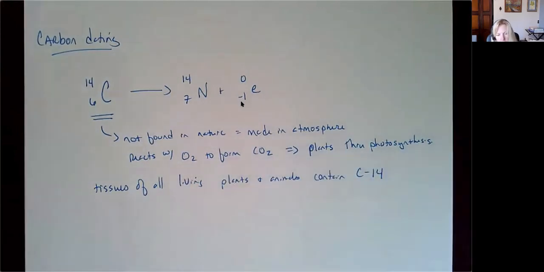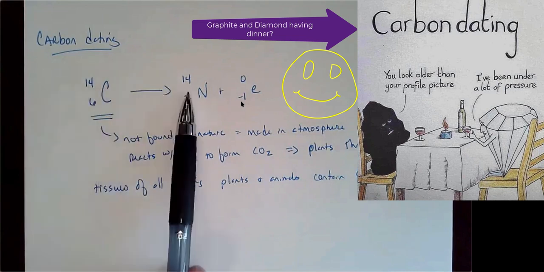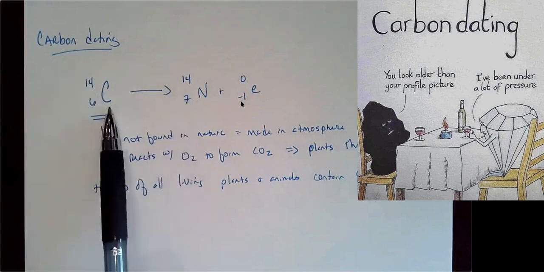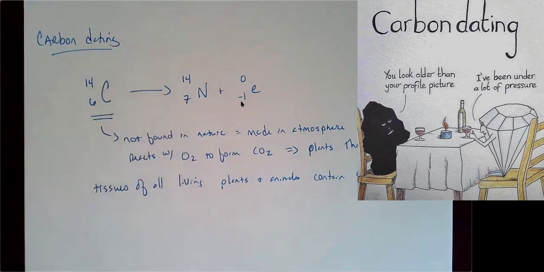When the organism dies, it's no longer integrating carbon-14, and at that point we start to have this process because we're no longer replenishing carbon-14. Now carbon-14 can start decaying into nitrogen-14, and that is what we're going to use to date that substance.